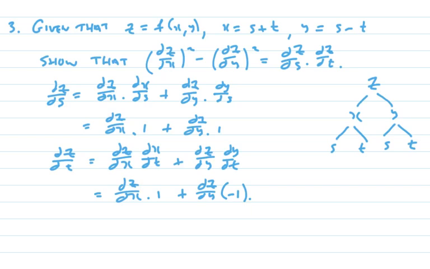Again, using the tree, we must follow the path from z down to t at the bottom, and we get dz dt is dz dx times dx dt plus dz dy times dy dt. We cannot calculate dz dx and dz dy because there's no formula given for that, but we can calculate dx dt, which is 1, and dy dt, which is negative 1.